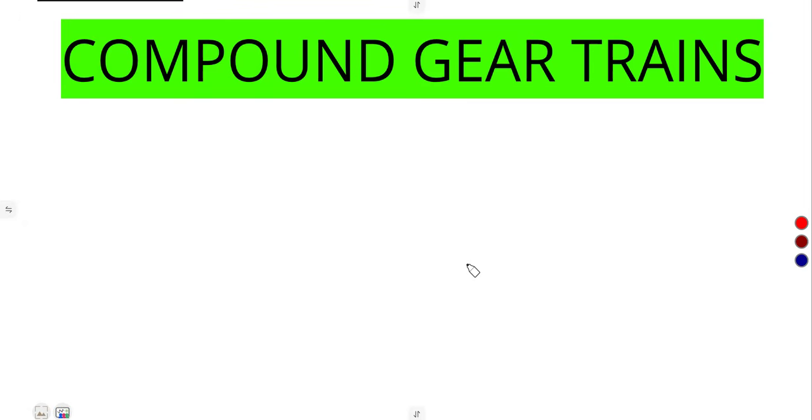That is the condition that we now have. More than one gear, and that's where we have the intermediate. Let's consider this condition, which is a basic view of a compound gear system or compound gear train.